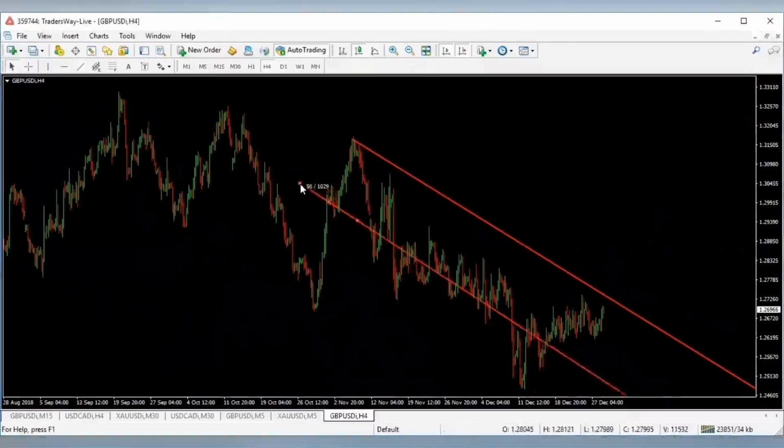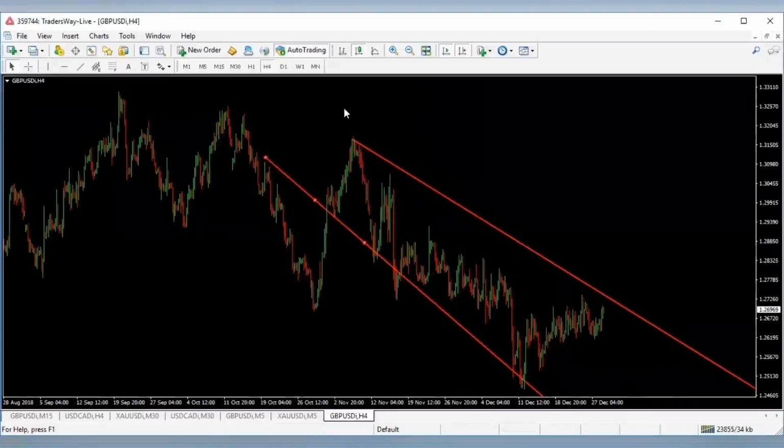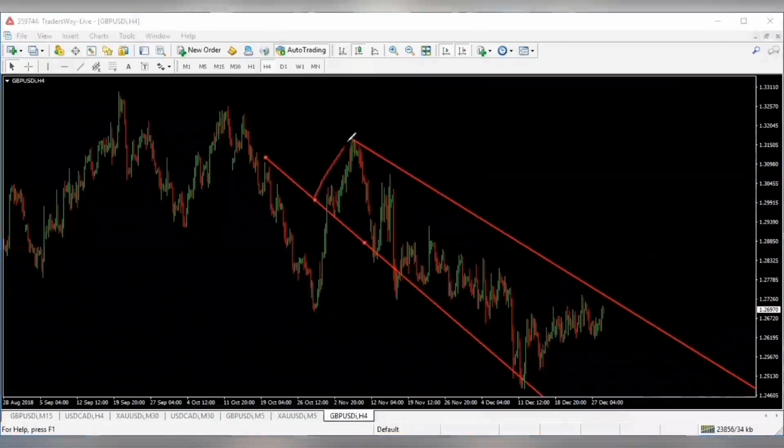This channel will help me identify exactly where the zones are, where price is currently playing. Right now, just on the H4 time frame, this is the zone from here to here. This is the channel. Right now, price can only go up and down within this zone.